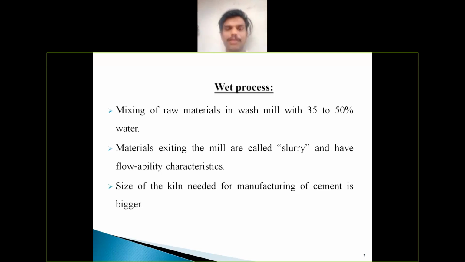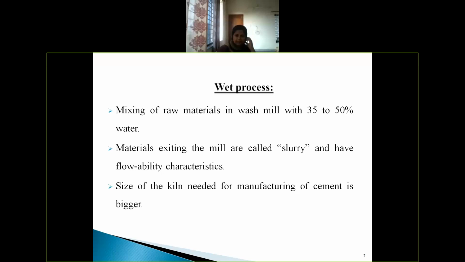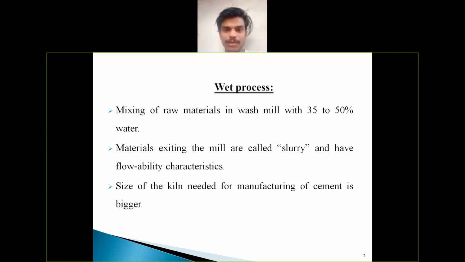Ma'am, the flowchart is the wet process: mixing the raw materials in a wash mill with 35 to 50% water. The material exiting the mill is called slurry. The kiln needed for manufacturing cement is bigger.